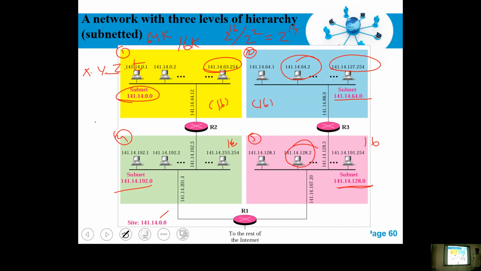But just consider that I only have some mask value and I don't know the class. In that case, you can use the mask and IP address with a bitwise AND operation and you can find it. You remember the masking concept, right? Whatever address I have, find the mask, use bitwise AND operation, and you will get the starting address. Similarly, if I use that mask concept here, I should get this one.